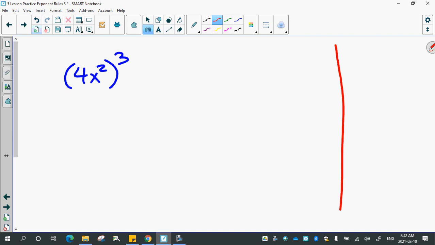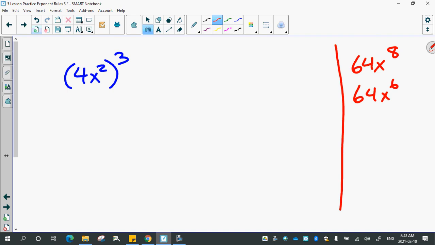Okay, I'm picking on William again because I can see his. He's got 64x to the 8. Anyone got something different than that? Yep. 64 to the 6. Okay. Anyone got anything different than that? So it's between these two?